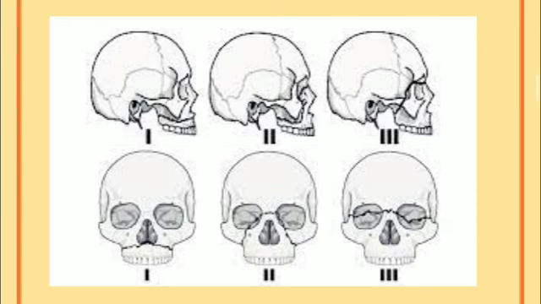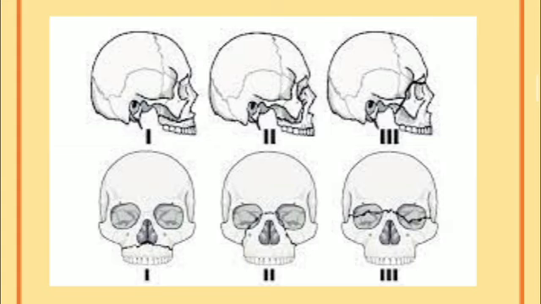So right here you have an illustration of Lefort 1, Lefort 2, and Lefort 3 fractures. You have an anterior view and a lateral view of the fractures illustrated here.